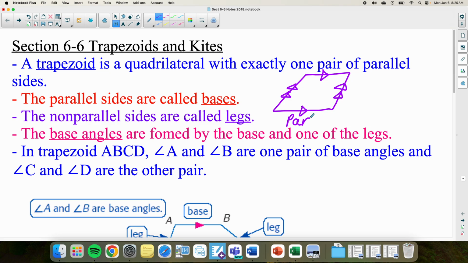Both pairs of opposite sides parallel, and a rectangle, and a rhombus, and a square all had that true. Today what we're gonna talk about is a trapezoid. And in a trapezoid, only one pair of opposite sides are parallel. So that's what makes a parallelogram and a trapezoid different, okay?